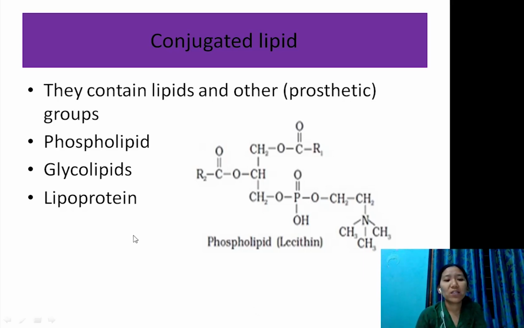In phospholipid, a phosphate is linked with the lipid; in glycolipid, glucose is linked with the lipid; and in lipoprotein, protein is linked with the lipid. Here in the phospholipid the example is lecithin. We have a phosphate group attached to the lipid.